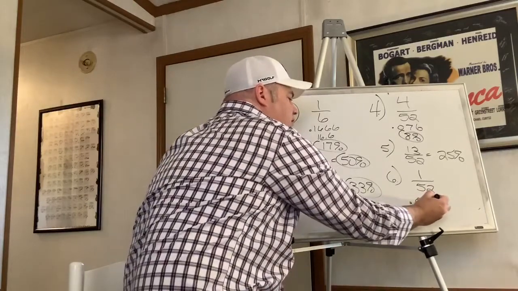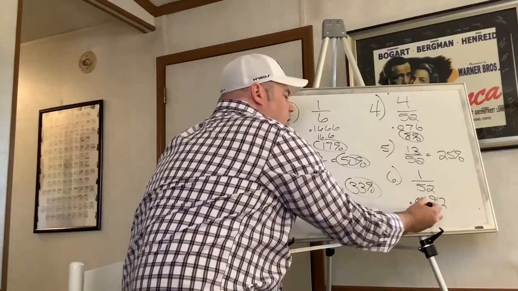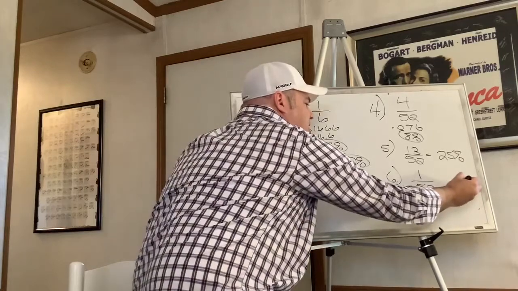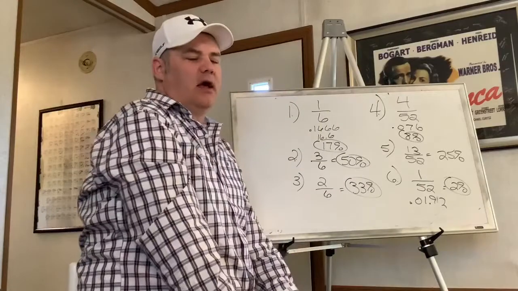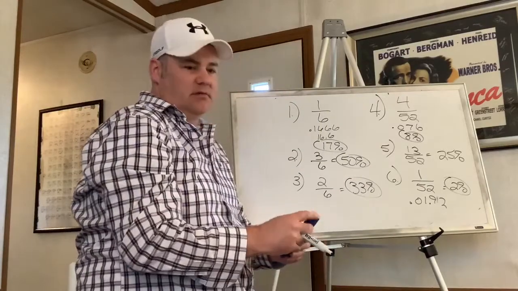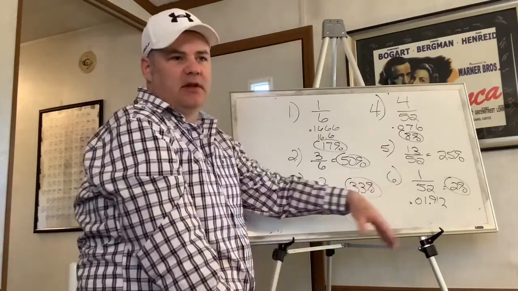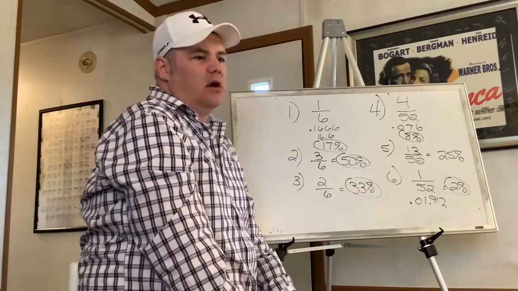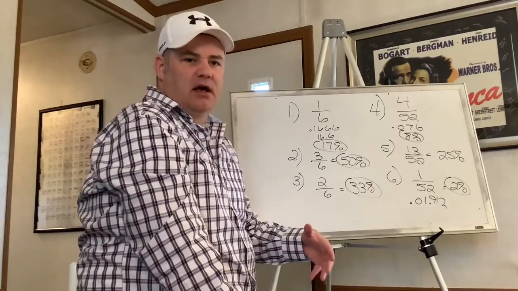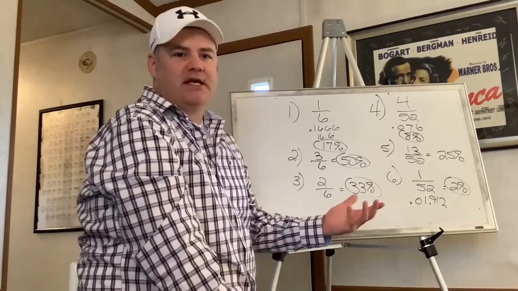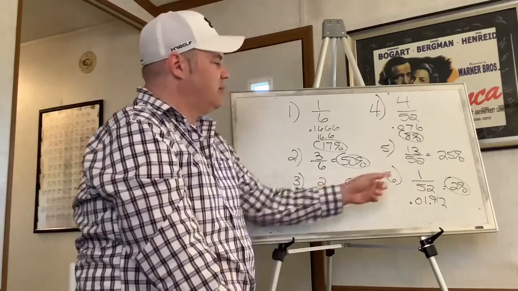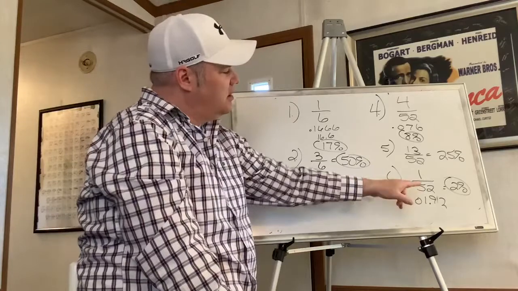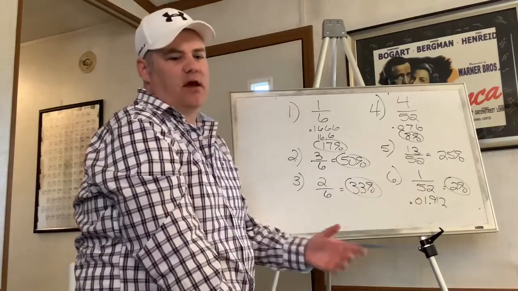When you move the decimal twice, you get 1.9, so you have about a 2% chance of drawing that single card out of a deck. It's the smallest chance, unless it's 0, like trying to draw a card that doesn't even exist, like a 14. You can't draw that out of the deck, so that's 0%. But drawing that 7 of diamonds, you have a 2% chance.